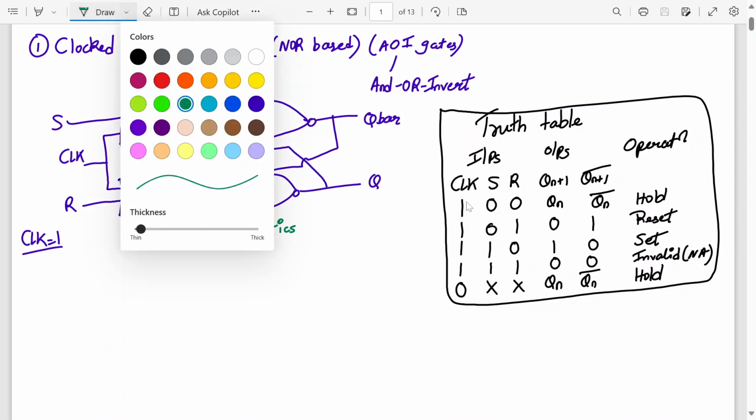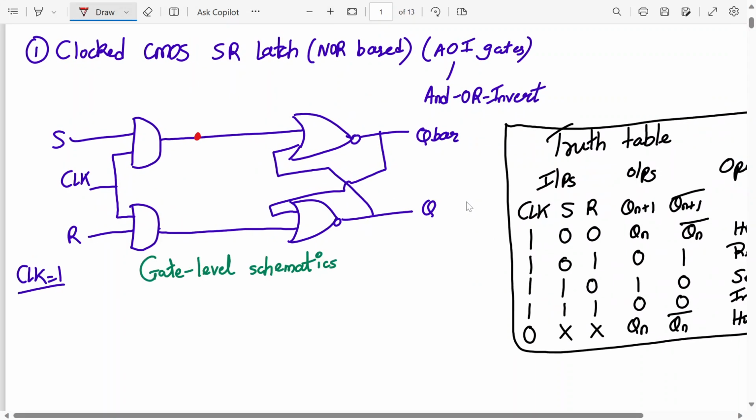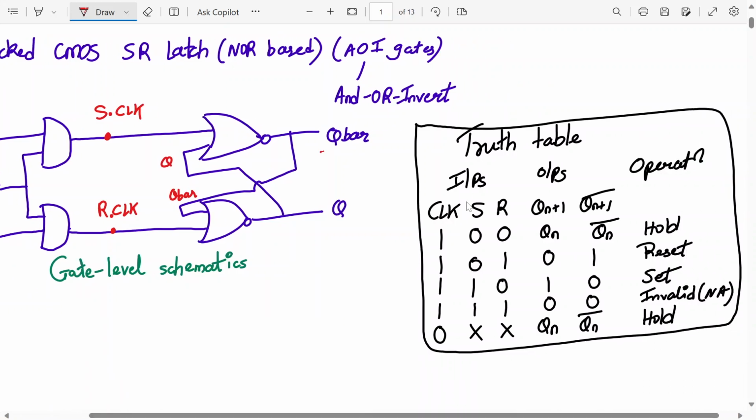Okay. Now tell me, if this is S and this is clock, what will be this over here? S dot clock. Yes, correct. Similarly, this will be R dot clock. Now tell me if this is Q bar and if this is Q, what is Q bar equal to?